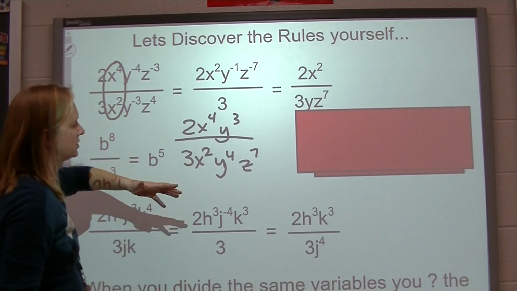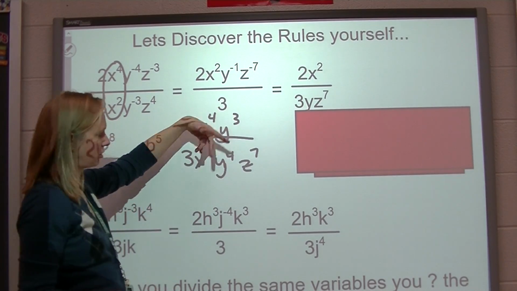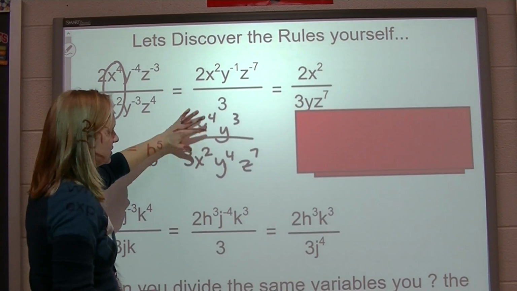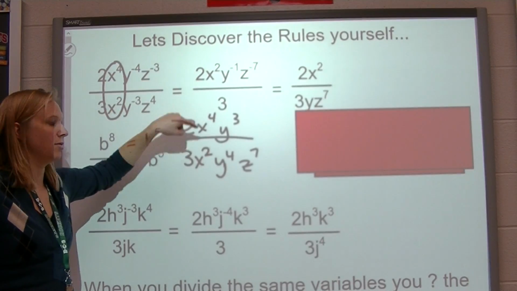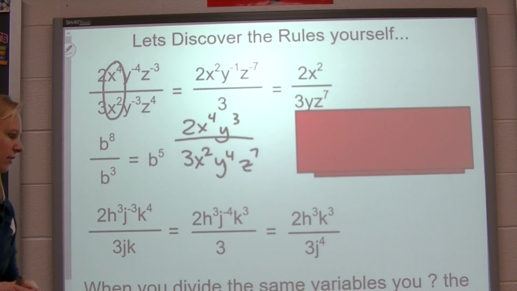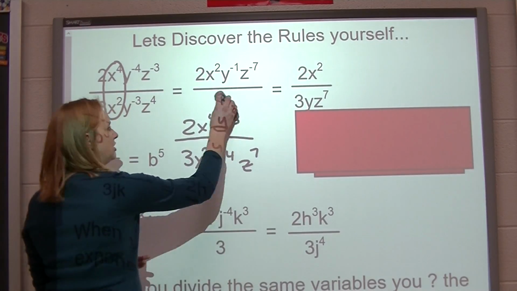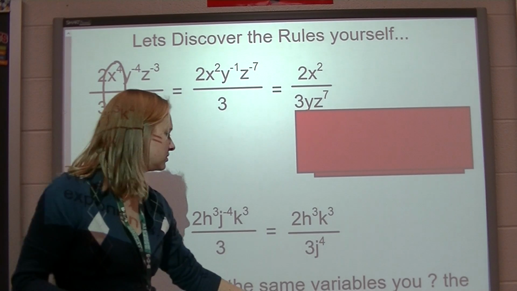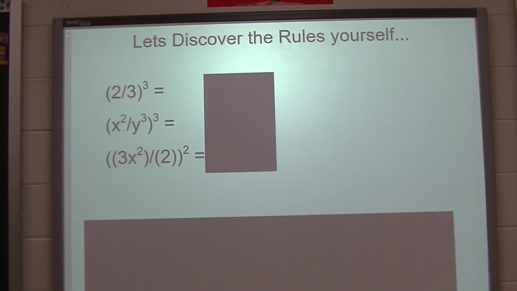For y, I would just subtract the 3 from the 4 and give us 1, and then the 4 minus the 2. So it doesn't matter which one you subtract. You don't always have to take the numerator minus the denominator. You could do denominator minus the numerator. But as you practice this in class and get better with it, that might make a little more sense.